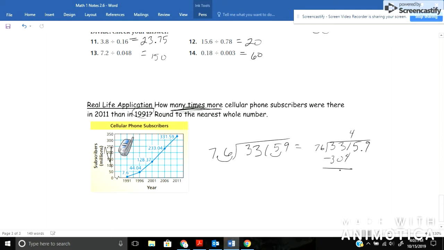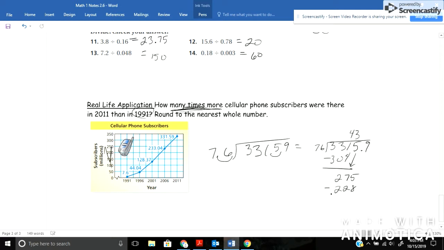Subtract, I would get 27. And bring down my 5. And 76 goes into 275 3 times. And 3 times 76 gives me 228.